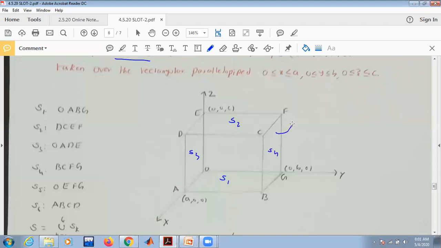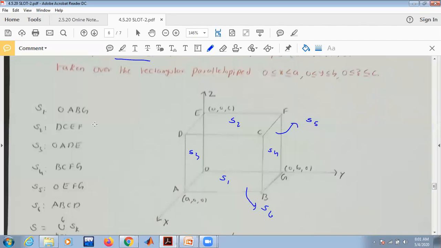S5 is the plane which is on the YZ plane, OGFE, and S6 is the front facing plane ABCD.